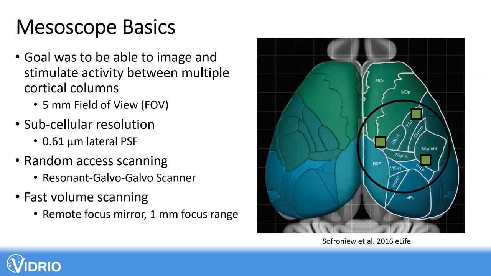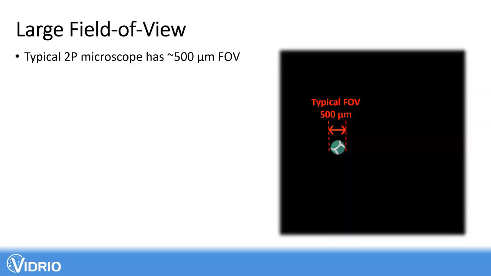Ultimately they combined this with volume imaging with remote focusing, so that they could do a 1 millimeter focus range. The challenges here are that with a typical 2P microscope, you get about a 500 micron field of view.